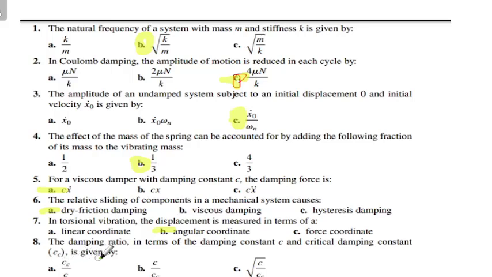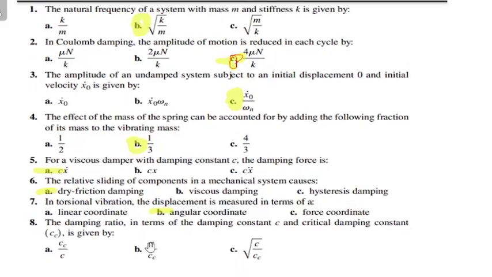The damping ratio in terms of damping constant C and critical damping constant is given by, here the damping ratio, we know that the damping ratio is denoted as zeta, and it is equal to C divided by Cc.